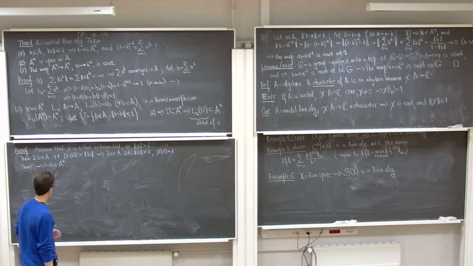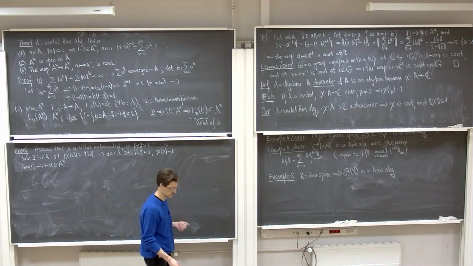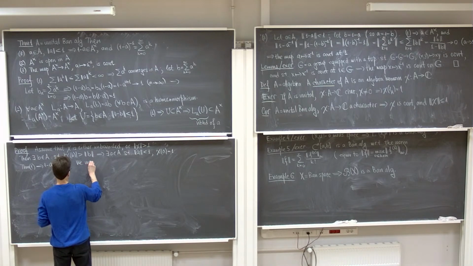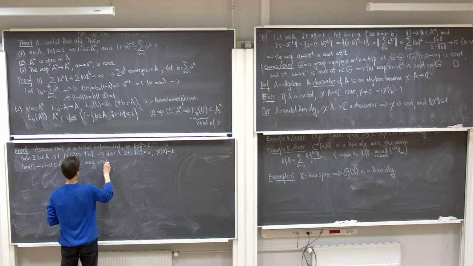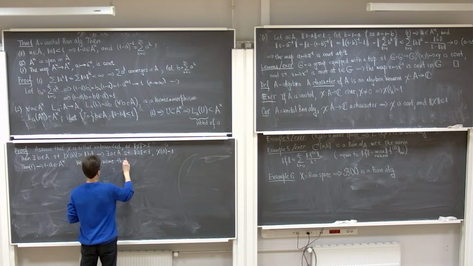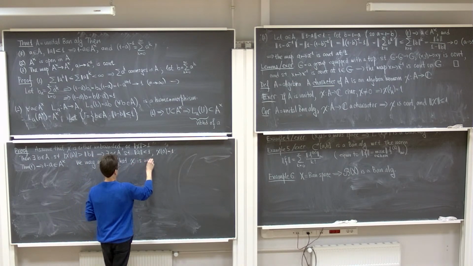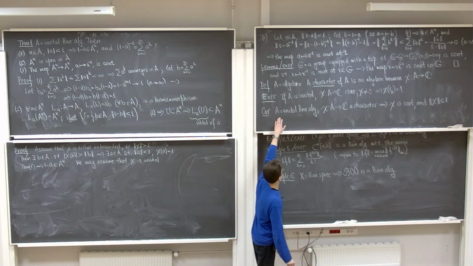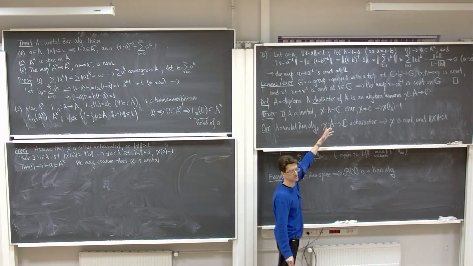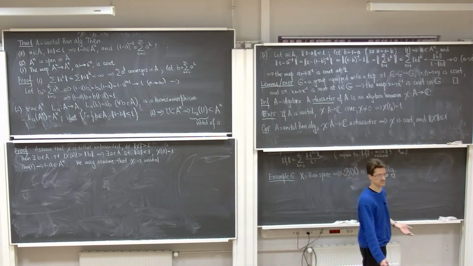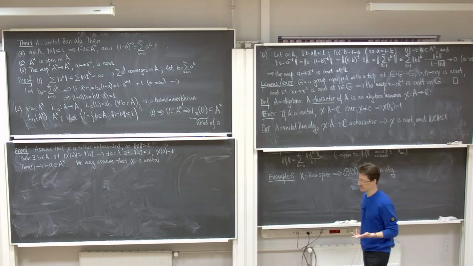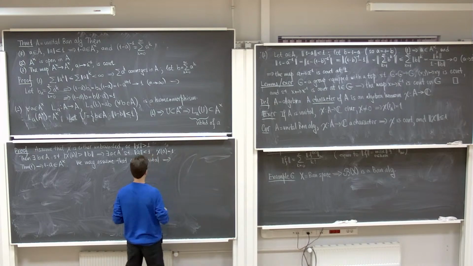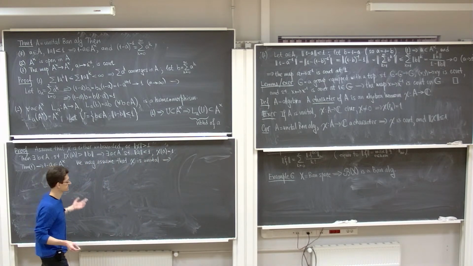Chi is a character. Without loss of generality, we may assume that chi is unital, because this exercise shows that chi is either unital or is 0. But if chi is 0, then there is nothing to prove. So we may assume that chi is unital. And the unital homomorphism takes invertibles to invertibles.